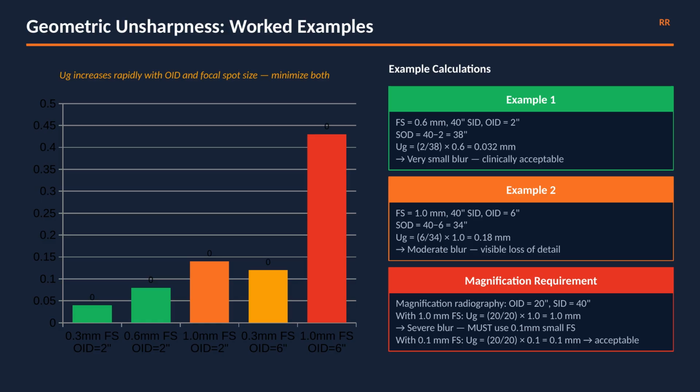Severe blur, completely unacceptable. With a 0.1 mm small focal spot, UG equals 20 divided by 20, times 0.1, equals 0.1 millimeters. Clinically acceptable. This is exactly why magnification radiography mandates small focal spot.